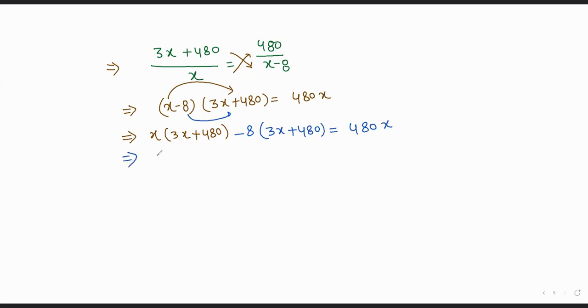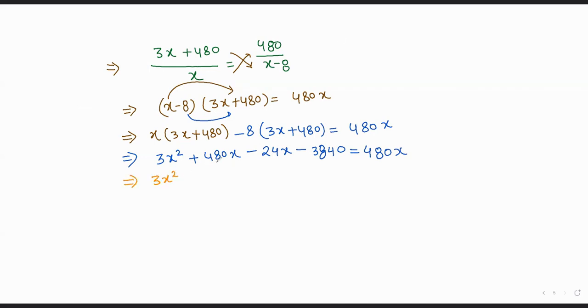Now we can write it as 3x square plus 480x. It's easy, and it is negative 24x, and this one 3840. This is 3840 equal to 480x.